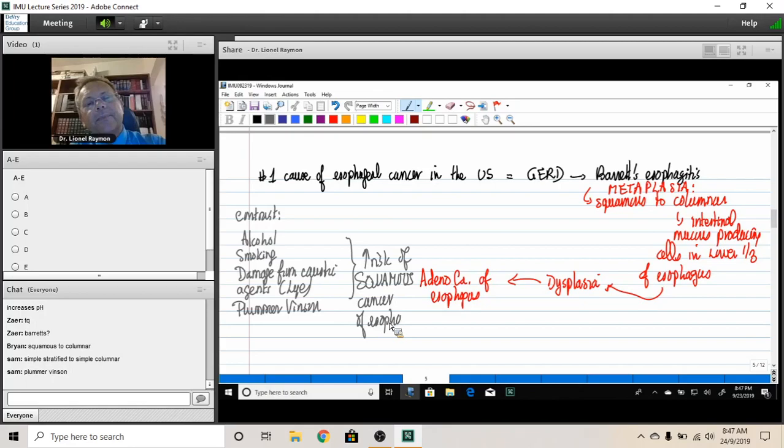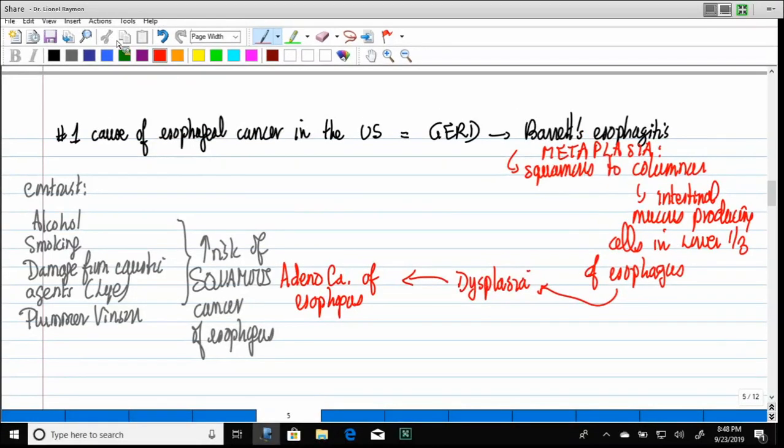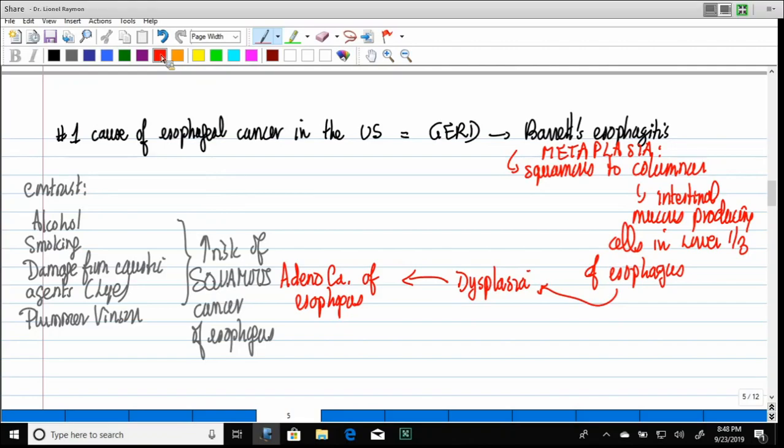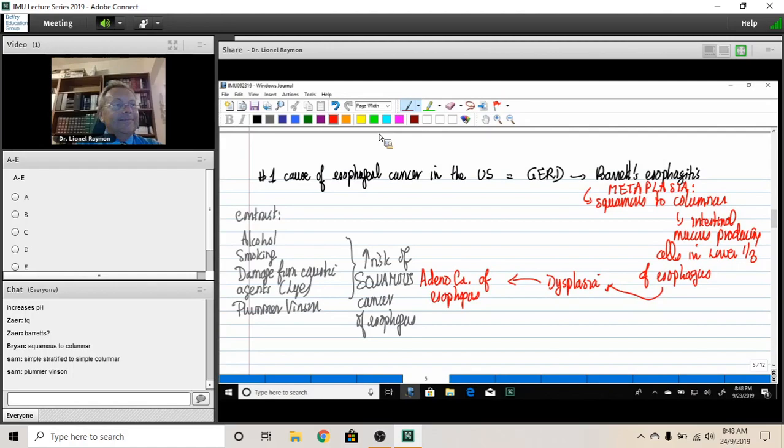Is that okay? So that's always an important story. So because for us, our main cause of esophageal cancer is subsequent to GERD, well, how do we treat GERD? It's the easiest thing. What's your number one treatment for GERD?